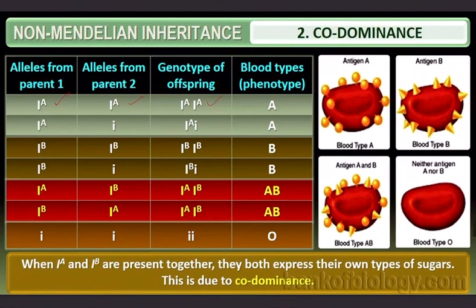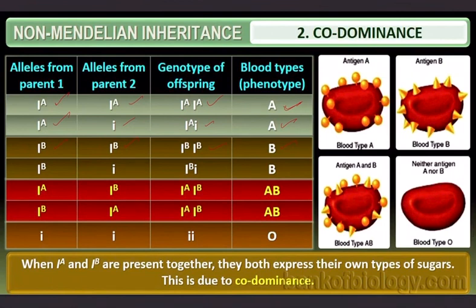And the allelic forms, as you are seeing here, allele is from parent A, parent 1, IA, let's say its contribution is IA, second parent also IA, then the genotype will be from mother side IA, father side also IA will be the genotype in the embryo, and the child will become definitely blood group A. He belongs to blood group A. Let's say father side is IA, mother side is I0 because she may be O blood group.